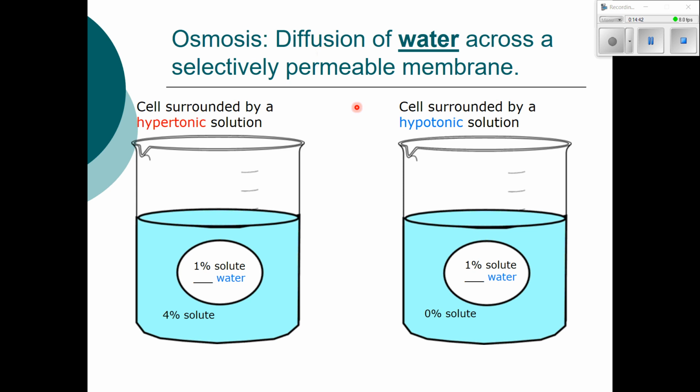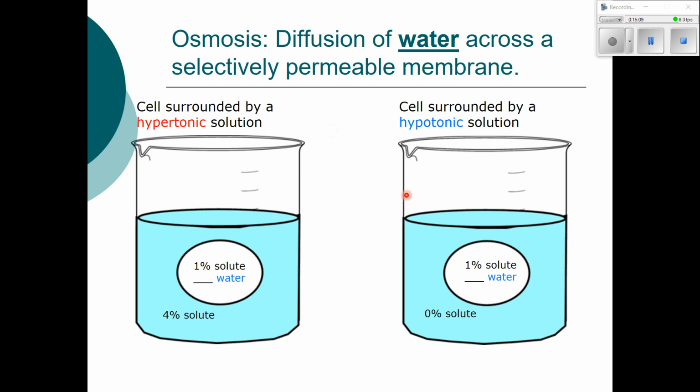And so I want to show you a scenario that you'll see a lot of times on test questions. And it confuses students because it involves some terminology that sounds just enough alike to be confusing. Hypertonic, hypotonic. I want to make sure you understand what is meant by these terms and how it relates to osmosis.